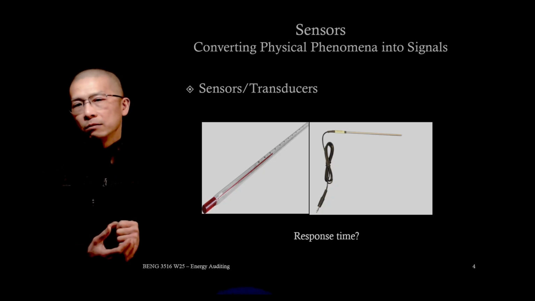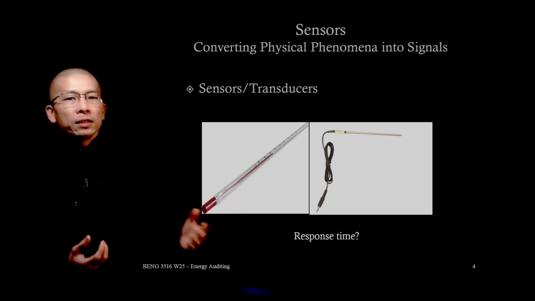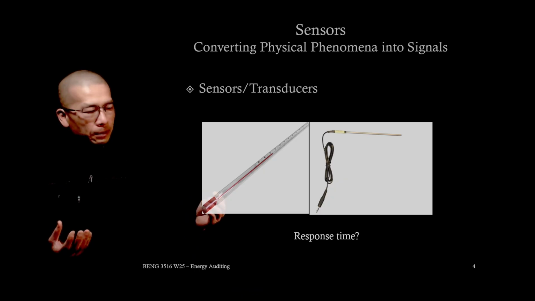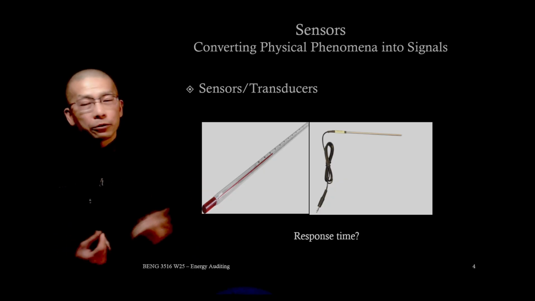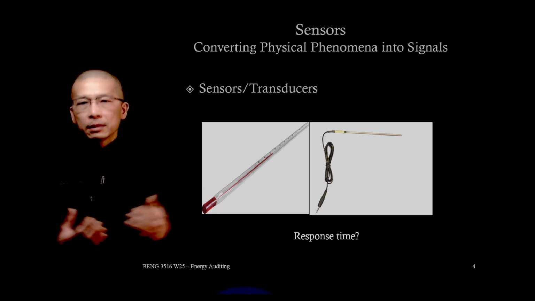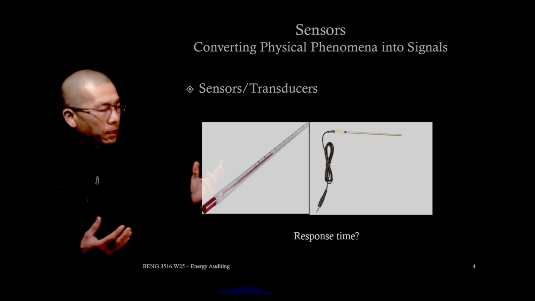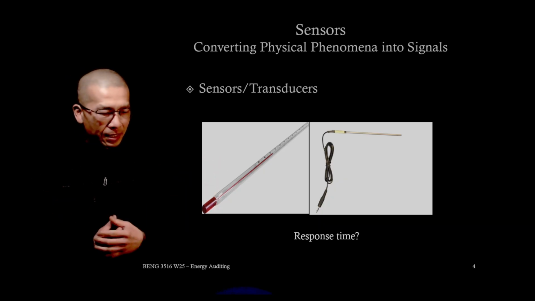If an auditor moved too quickly between rooms, knowing a tool's response time is essential, right, to avoid recording inaccurate data. So if this auditor moves too quickly, then the measurement may not be accurate. So the type of sensor used depends on the application.